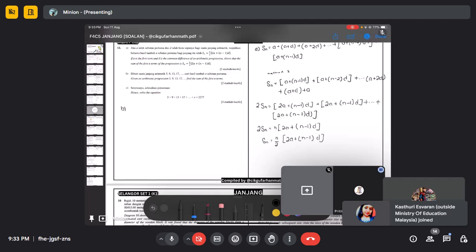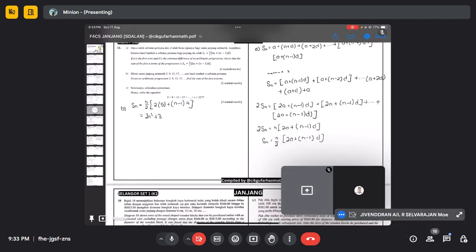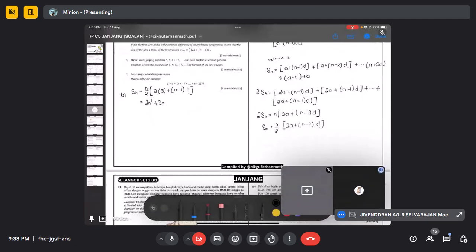Question B. Given an arithmetic progression 5, 9, 13, 17, find the sum of the first n terms. Okay, simple one, only 2 marks.